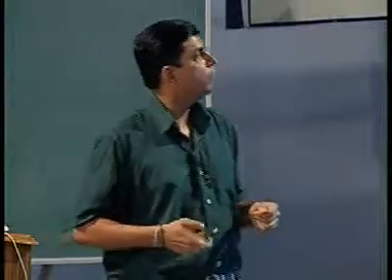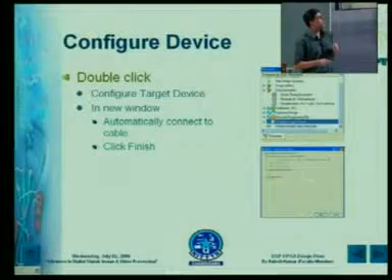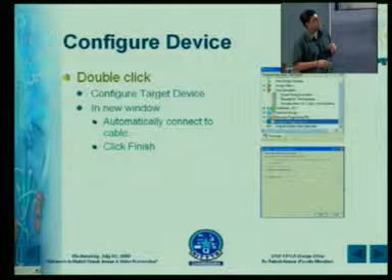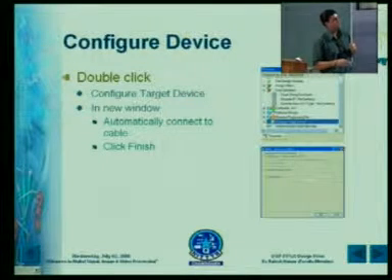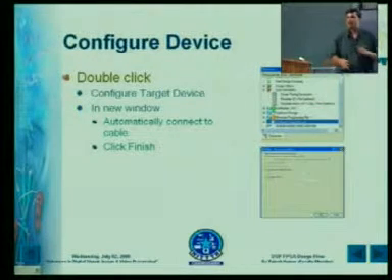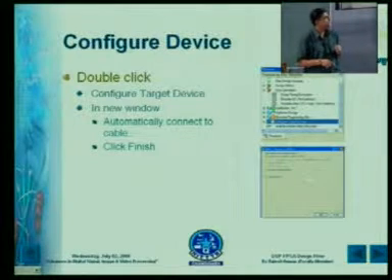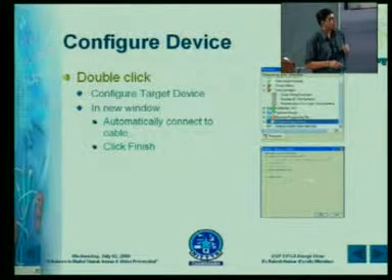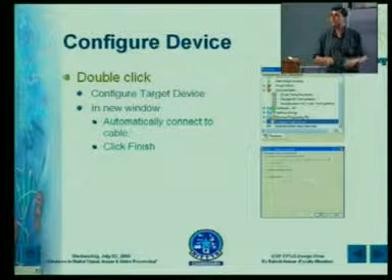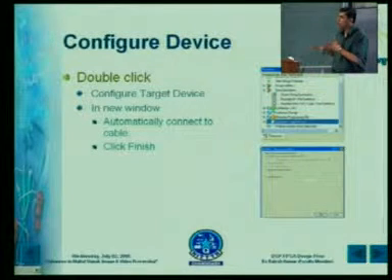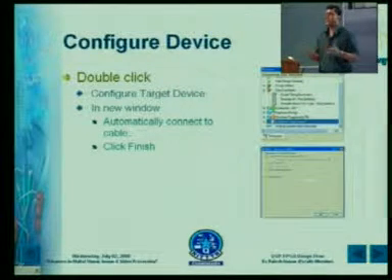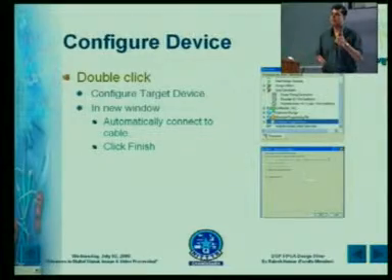Make your board on, and after that just click configure target device. Now it will ask you whether to connect to cable automatically or you want to select; just select connect to cable automatically and select next.